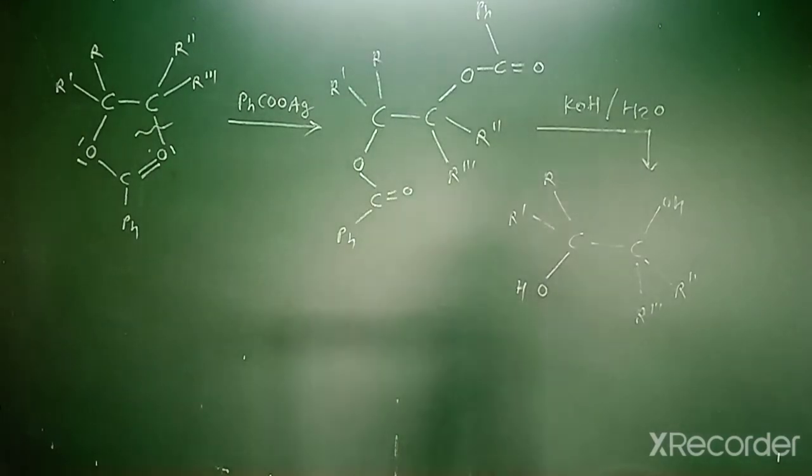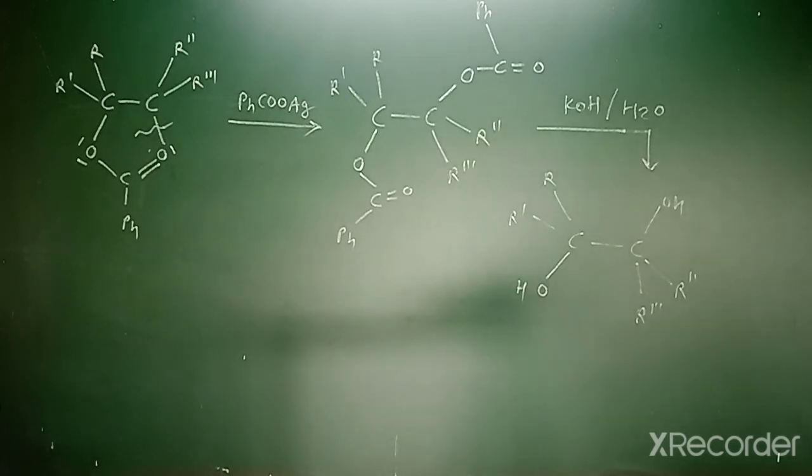In such a way, in Prevost dihydroxylation, there is formation of trans glycols or trans diols in which the positions of OH are exactly opposite according to the carbon bond. Therefore, this is the formation of trans glycols by Prevost dihydroxylation by using silver benzoate or silver acetate.